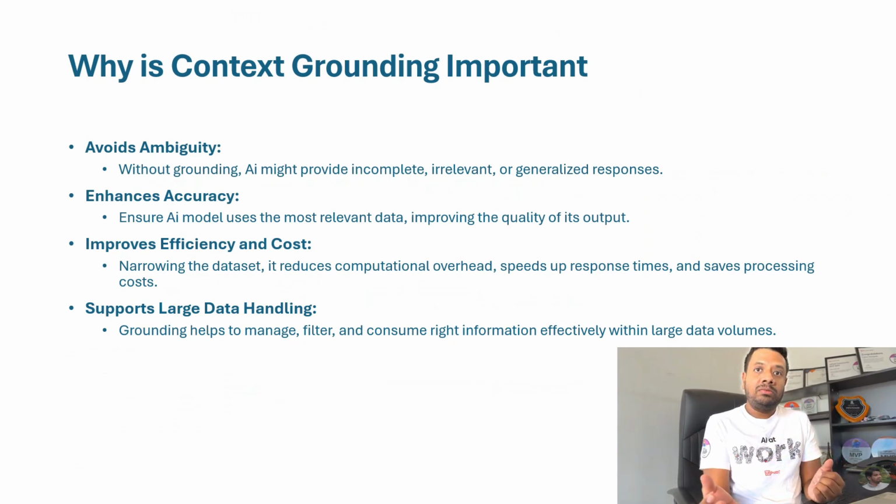That gives you additional cost, and it also takes time to process all this unwanted information. So instead, using context grounding, you can reduce this unwanted information and just get the relevant information and then generate a response on top of it, which helps to reduce the cost and also improves the efficiency.